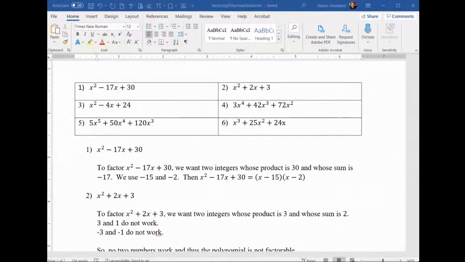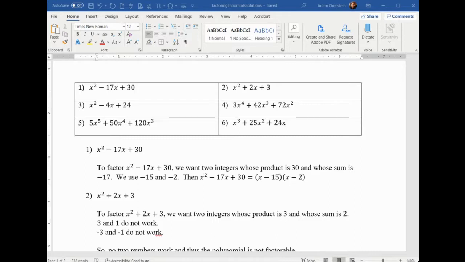For number 2, again, the GCF is still 1. Here, we want to find two numbers whose product is 3 and the sum is 2. Well, it turns out no numbers do that, right? Because for 3, if you do 3 times 1, that's just going to give you 3, but that sum is not 2.